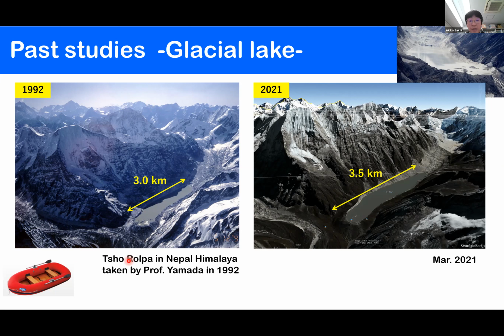This lake was already large, 3 kilometers in length, when I started observation, and now it is 3.5 kilometers. We used a rubber boat, a rowing boat like this, with no motor, and I had to row the boat with oars all 3 kilometers.